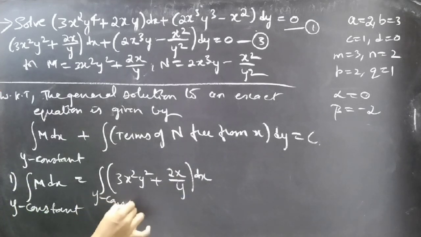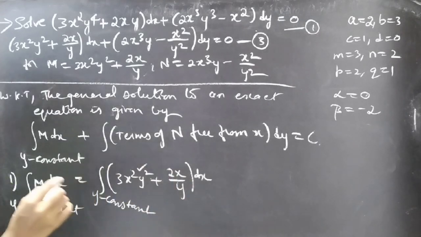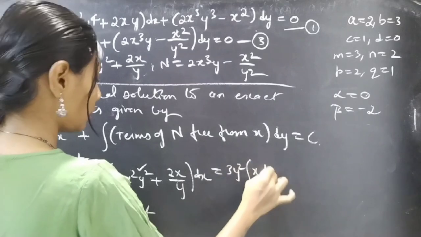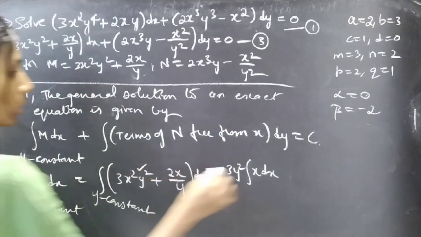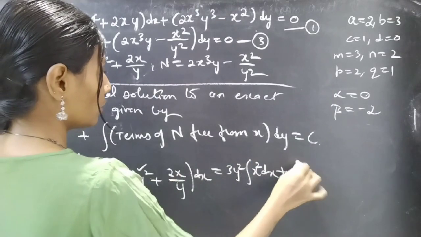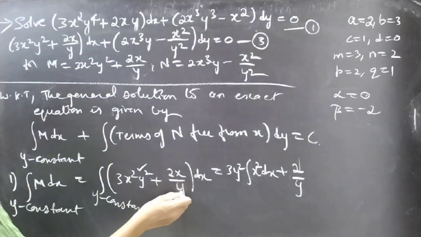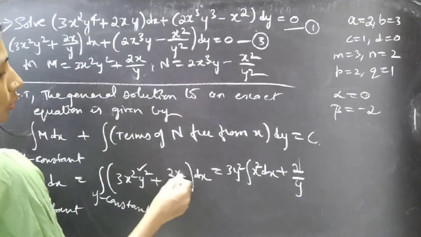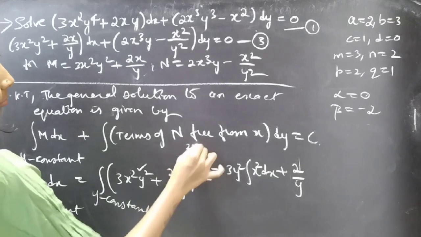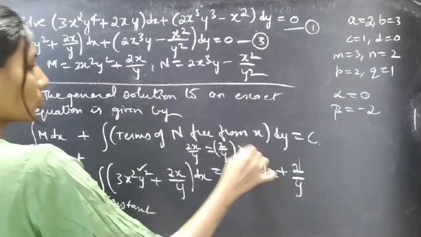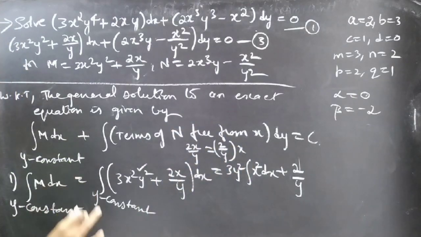In the first term y² is constant, and in the second term 1/y is constant. So we'll write this as 3y² times the integral of x² dx, plus 2/y times the integral of x dx. You can write 2x/y as 2/y times x, where 2/y is treated as constant.